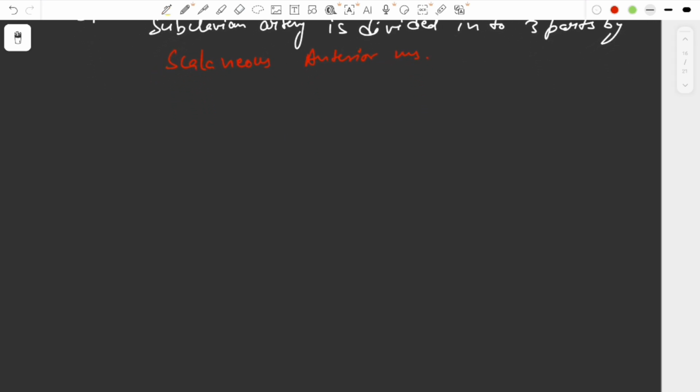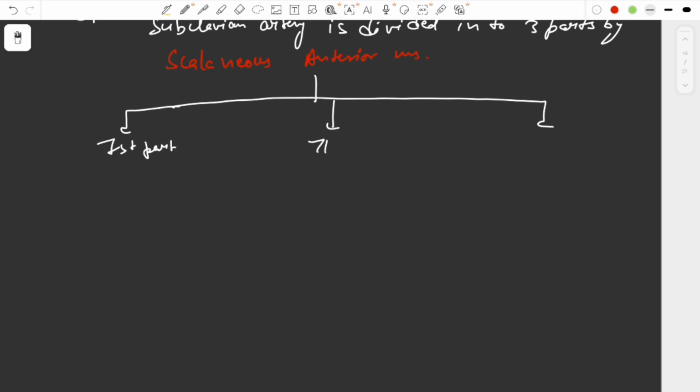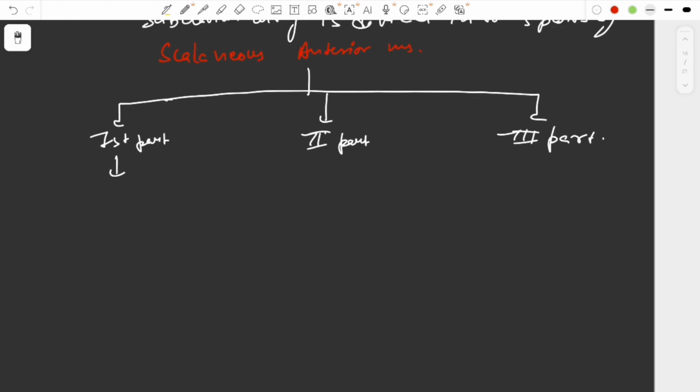So what are the three parts of the subclavian artery? Let us study here. This is the first part, this is the second part, and this is the third part, where we are going to study its branches. From the first part arises the vertebral artery, the internal thoracic artery, and the thyrocervical trunk.